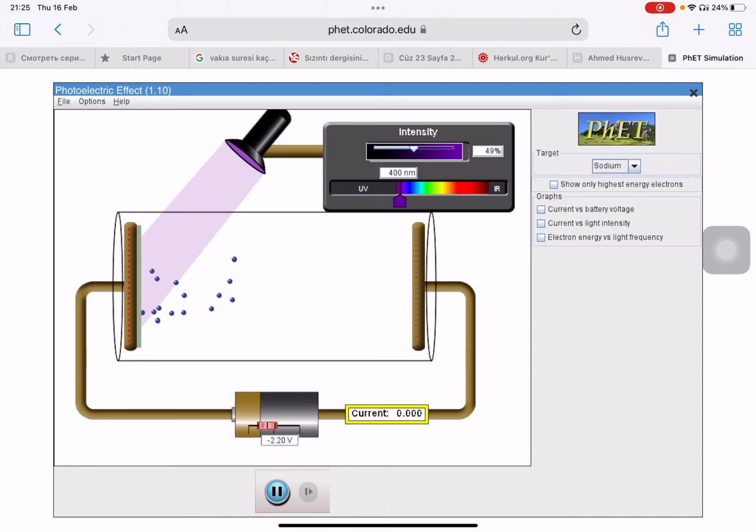And in the case of 0 volts, you see here, they reach the other side without any deflection or any difficulties, sorry.